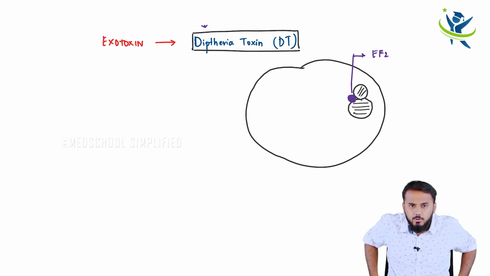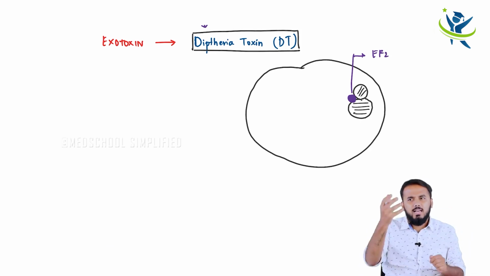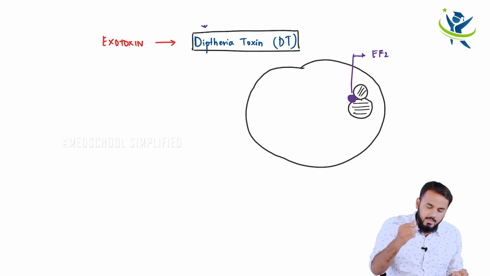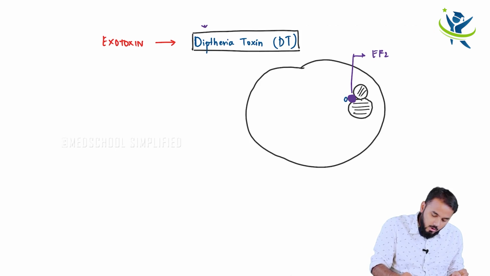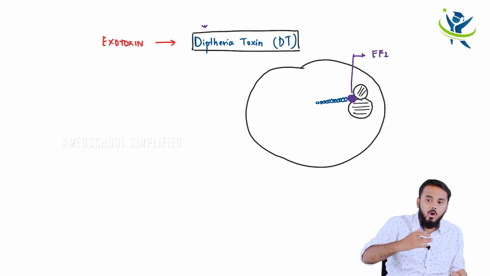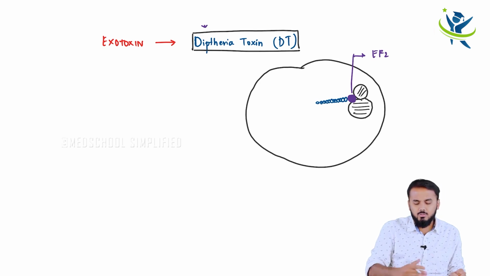What does elongation factor do, you know? It will collect all the amino acids, and all these amino acids are arranged in the form of a chain like this, right? That is why it is elongating the amino acids, so you call it elongation factor. It will arrange all the amino acids like this, as simple as that.